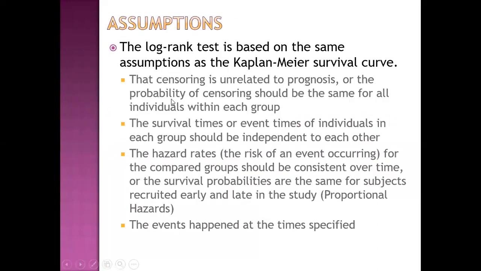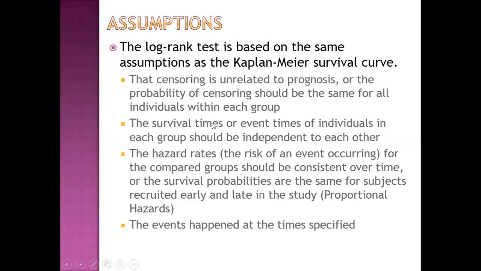Assumptions. The log rank test is based on the same assumptions as the Kaplan-Meier survival curve. These are the assumptions. The first assumption is that censoring is unrelated to prognosis, or the probability of censoring should be the same for all individuals within each group.